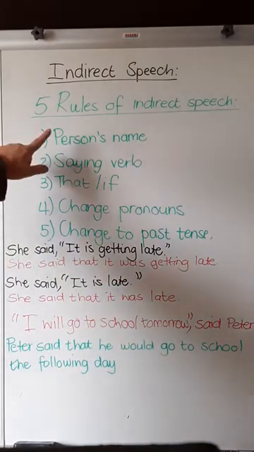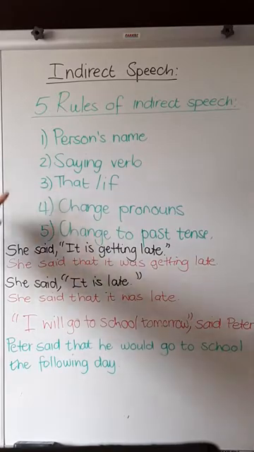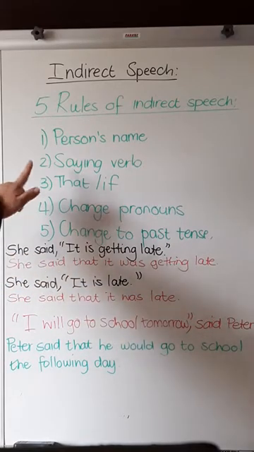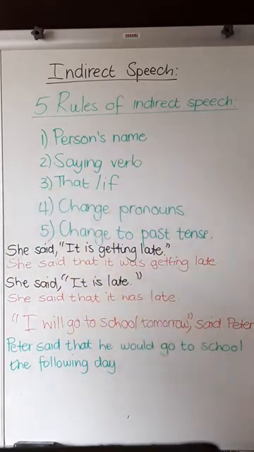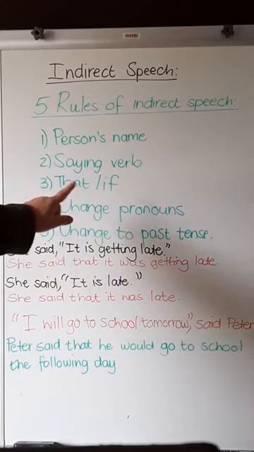So in our example here, she said it is getting late. First of all, the person's name. There's no specific name, but we know it's she, so we use she. Second, she wasn't shouting, she wasn't asking, she said, so we use the word said. Then we use that or if. If is usually used, as you can remember, in questions, but not always. But that is usually in a statement. She said that, and then change the pronoun.